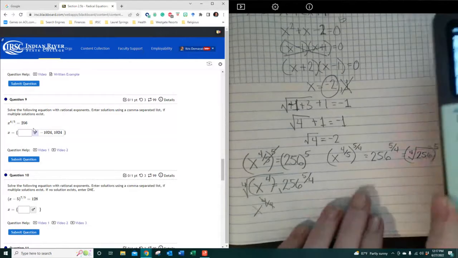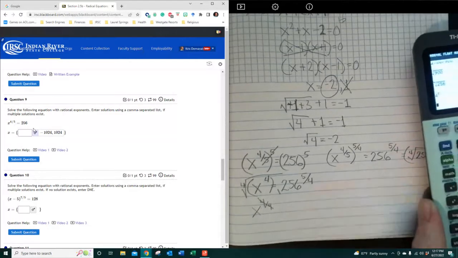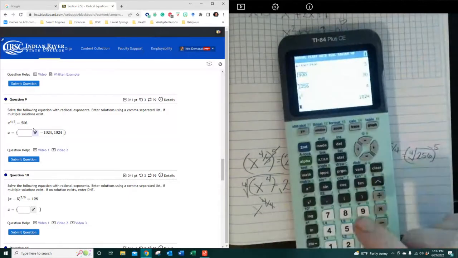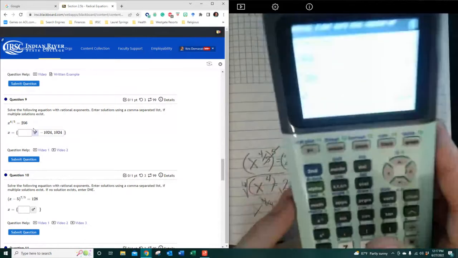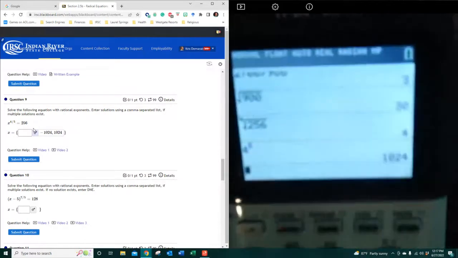Now, some of you might think, well, why can't I just raise 256 to the 5/4 power? And that is true, you can do that. Watch this. I'm going to zoom in on it.